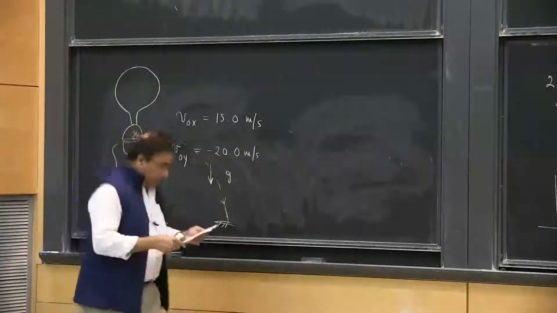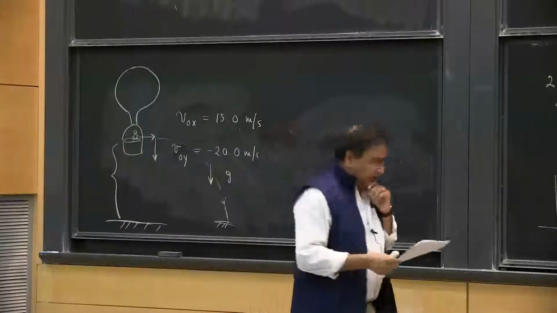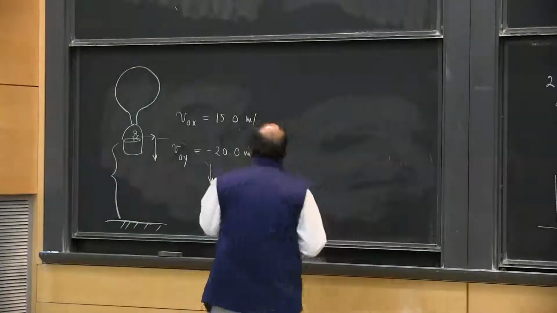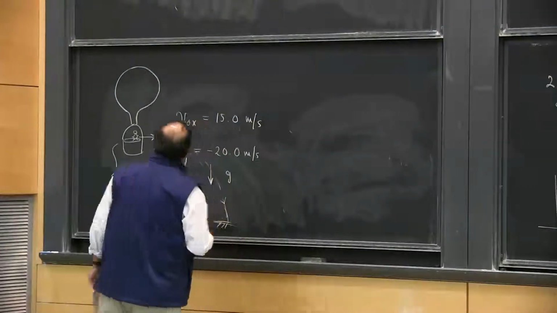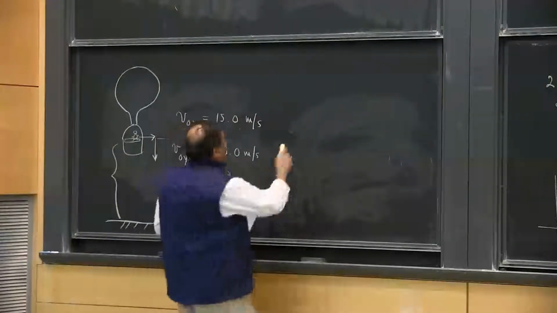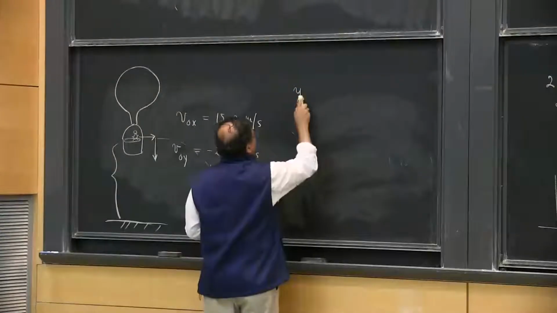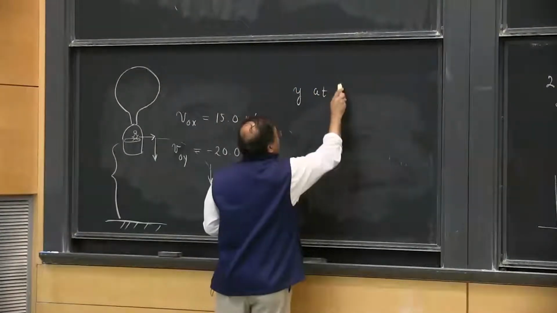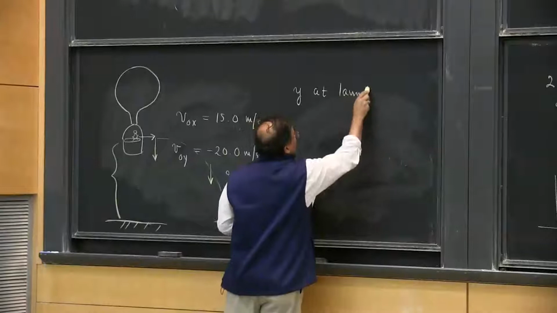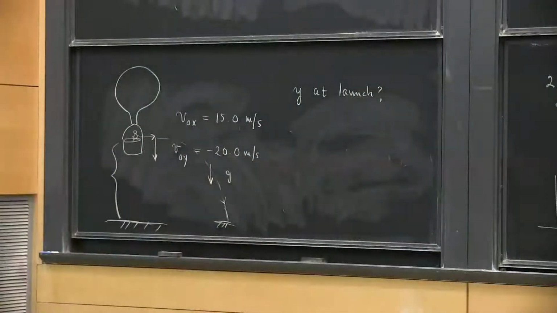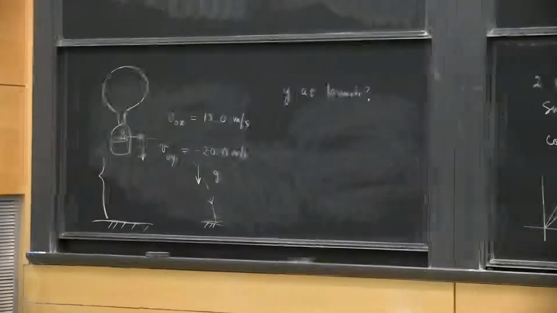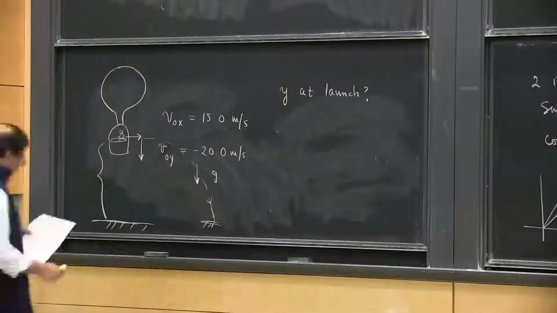So let's first go through the exercise of figuring out the initial conditions of the rock. If you want to find, for example, what is y at launch, what is the height of the balloon at launch, then we need to take into account a few things.